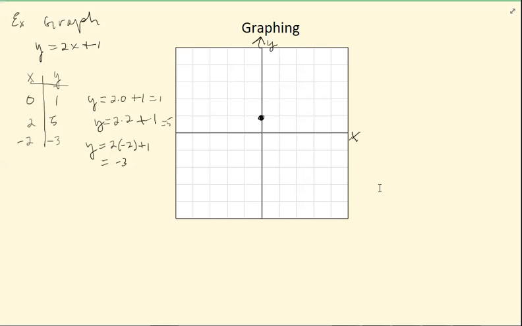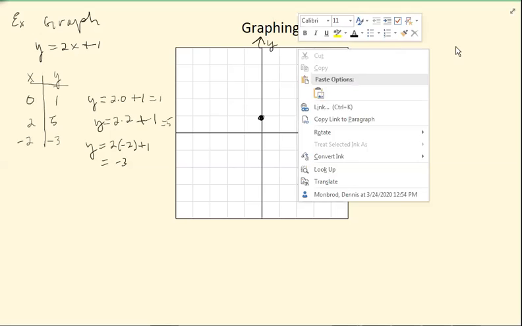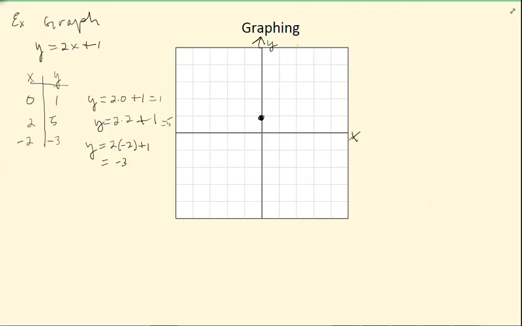Where's my pen? Right here. 1, 2 over and up to 5. So that's actually all the way up here at the end. I need to put it there. Okay, 2, 5. And the other one, we don't really need it, but we can throw it in anyway. Negative 2, negative 3 is over here.